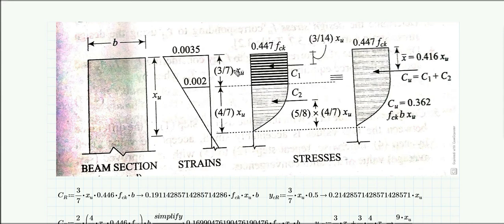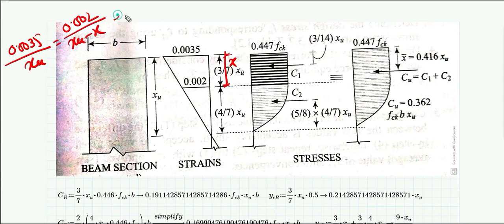Suppose we do not know this value, and call it x. We want to find x. Using similar triangles, 0.0035 divided by xu is equal to 0.002 divided by xu minus x. Then you can find the value of x in terms of xu. So you will get 3 by 7 xu, and the other part will be 4 by 7 xu. Like that these values can be calculated.